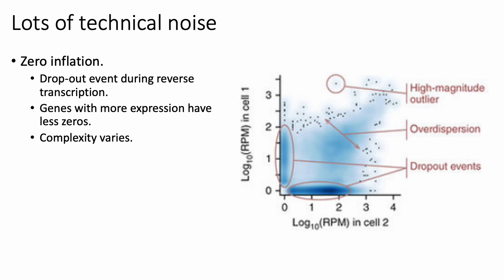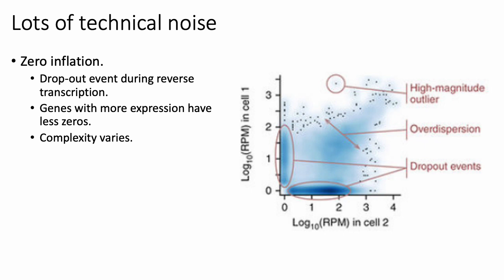And then similarly, the band on the y-axis represents genes where you had some non-zero expression in cell 1, but you measured exactly zero in cell 2. And a lot of these dropout events are not that reproducible.